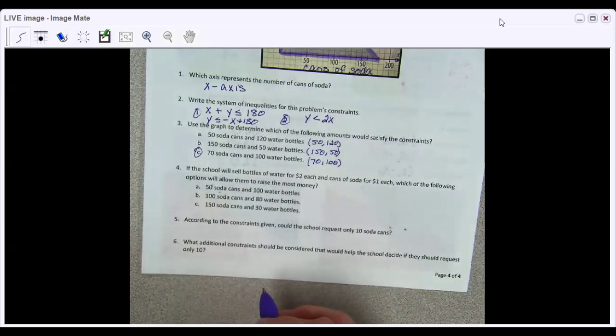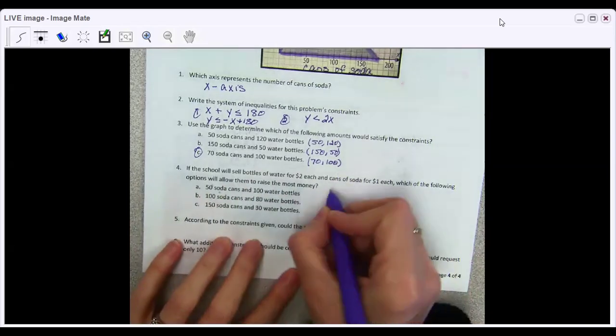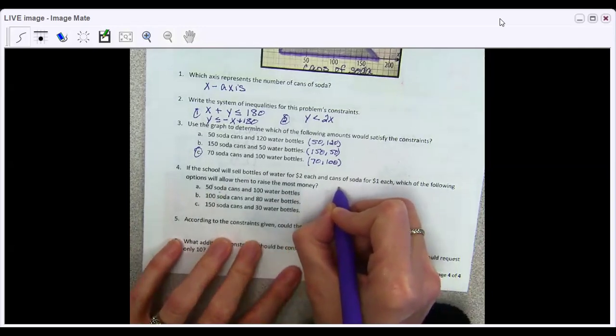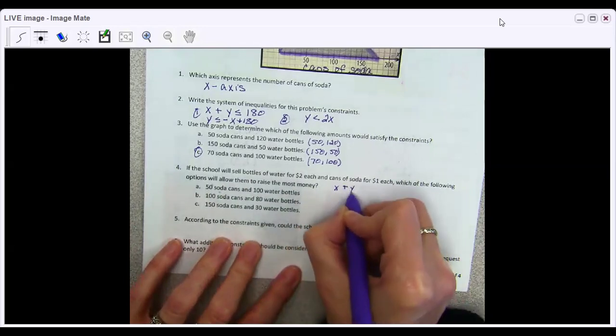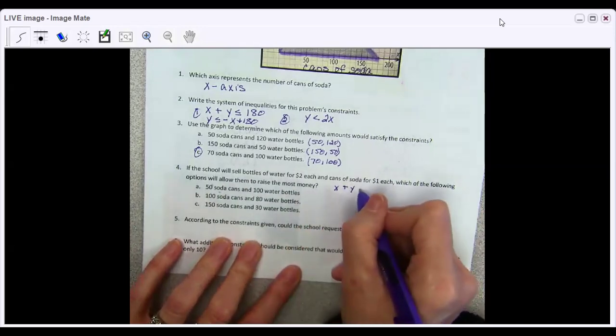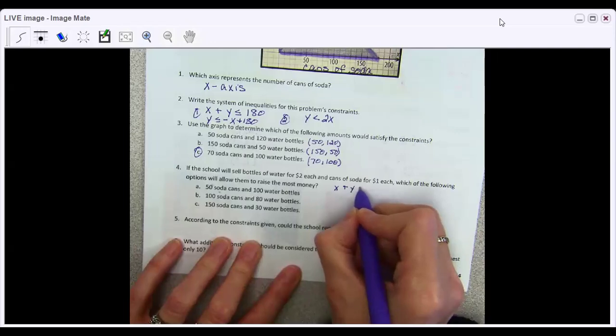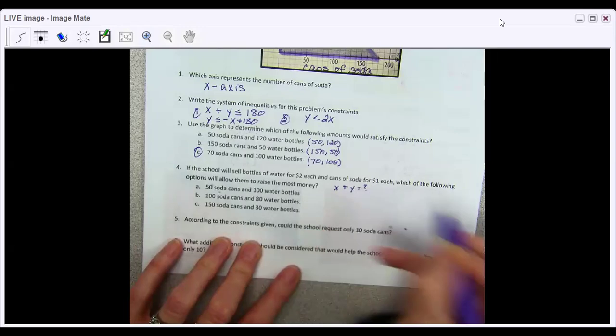Okay, well, we can use our equation x plus y and see what the total price equals.